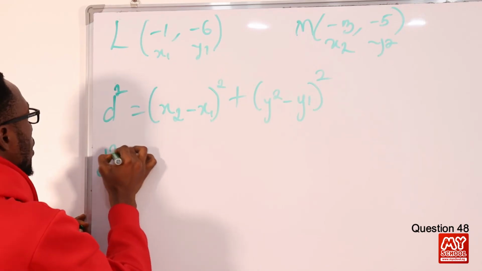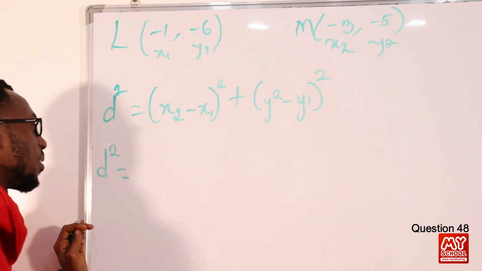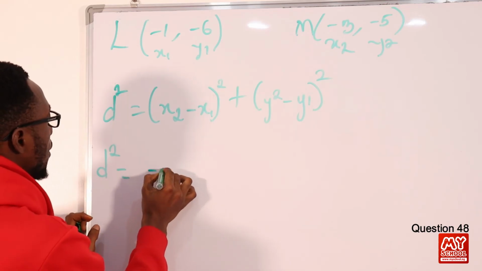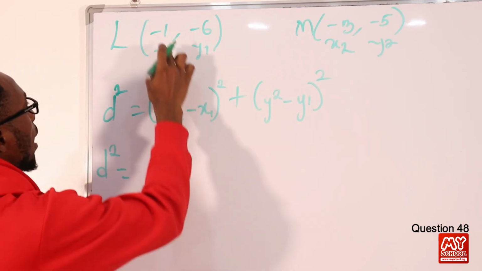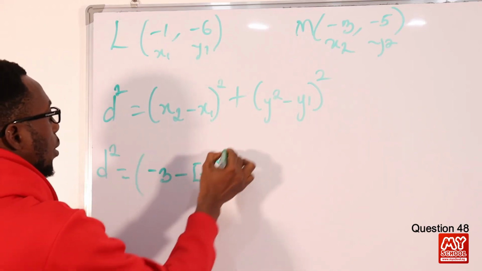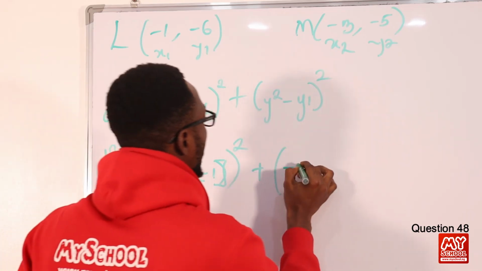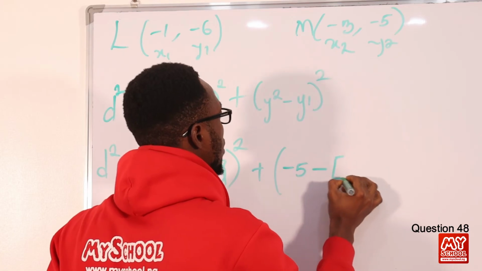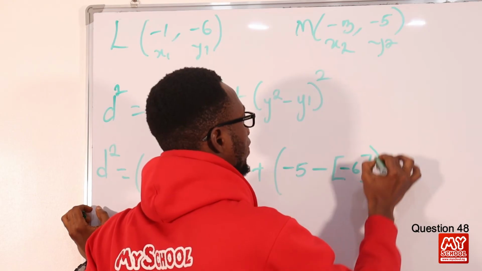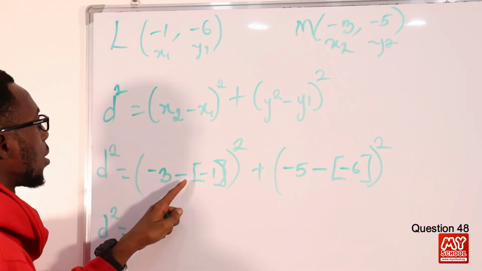So we have d square equals that, or you can say d equals the square root of this, the same thing. I have x2, that is minus 3, minus x1, that is minus 1, squared, plus y2, that is minus 5, minus y1, that is minus 6, squared. Minus 3 plus 1 is minus 2.